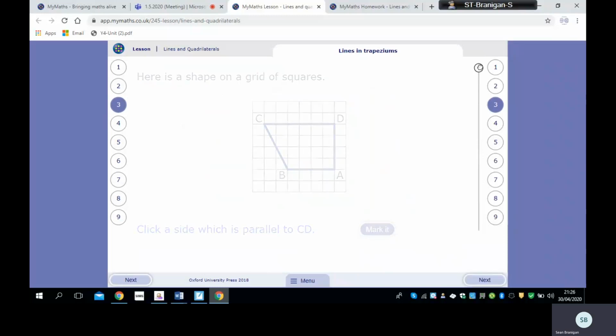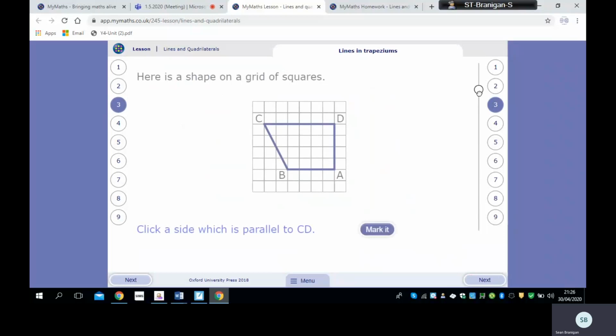Here is a shape on a grid of paper. It's a trapezium. Okay, and it's saying click a side which is parallel to CD. So we've got the line CD here. Now I want a line that's parallel. It's not this line that's parallel to it because they aren't touching each other.